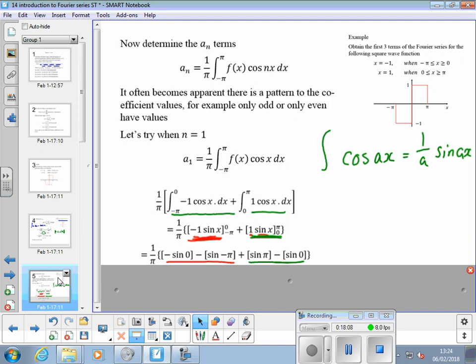So we've taken the top limit out and put it in there, minus the sine of 0, minus sine of minus pi. No, because that's the lower value, isn't it? Lower value, upper value.